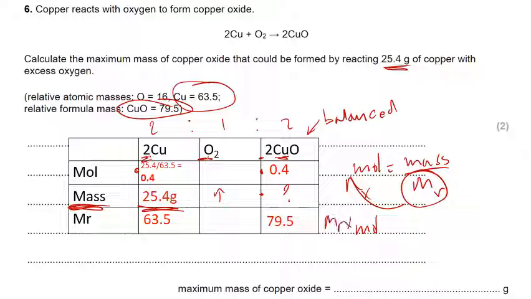So we do MR times moles equals mass. If we times these two numbers, we should get the answer 31.8 grams, and that's to 3 significant figures. If in doubt, always put to 3 significant figures, unless the question specifies otherwise. In the previous video, the question specified 2 decimal places.